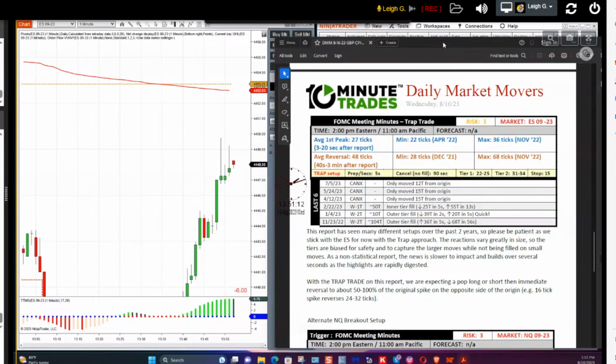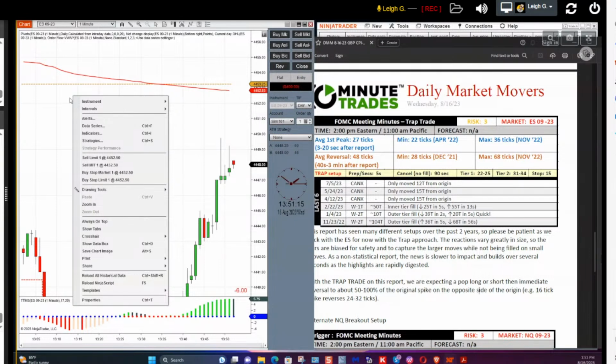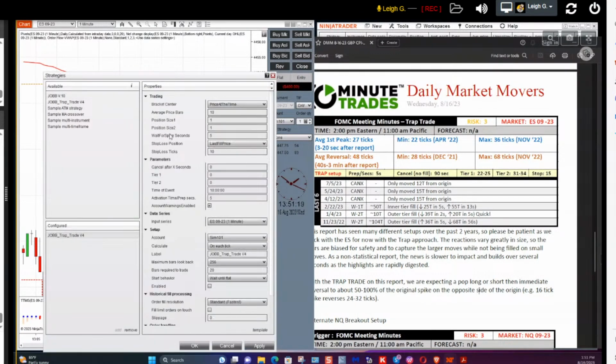So our trap trade setup, we've got tiers of 22 and 31. All right, I'm going to actually take the lowest part of the tiers, 22 and 31. And I'll use an 18 stop to make up for my slightly smaller tiers.